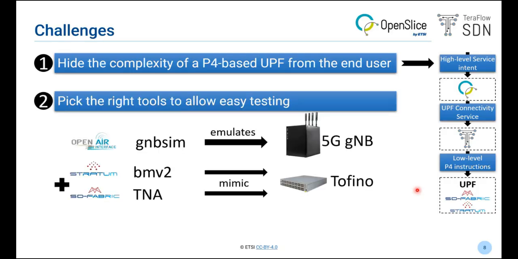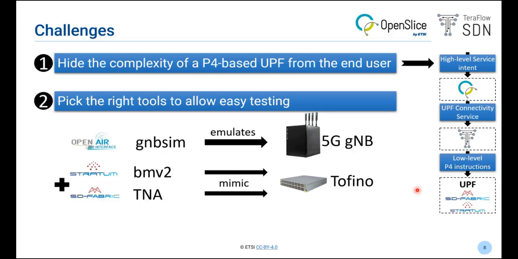The second thing is that we had to pick the right tools so that we make this realistic for a network operator. So as I said previously, we don't want to just emulate the whole thing. We want to use a real 5G core, and the tools that we pick to simulate things or to make them simpler, let's say, are still realistic. So we use Open Air Interface G-Node B simulator to mimic the behavior of a real 5G G-Node B, which is integrated with a real 5G core.